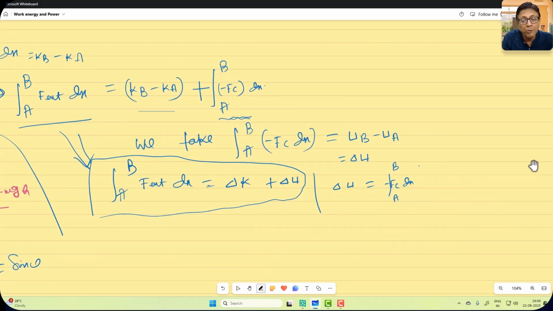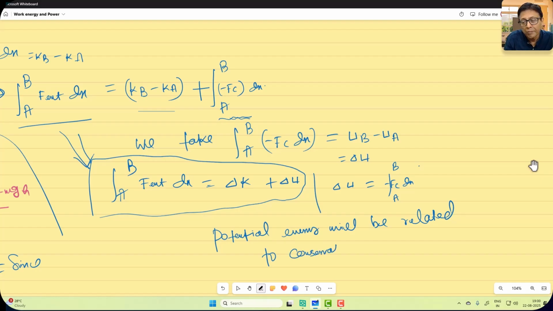So the change of potential energy, or potential energy, will be related to conservative forces only.